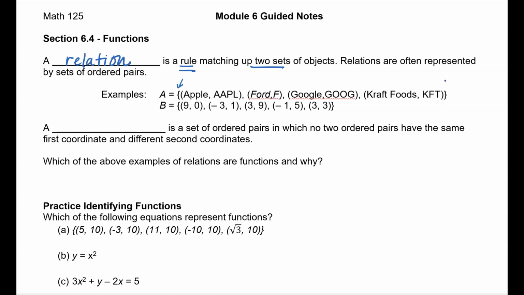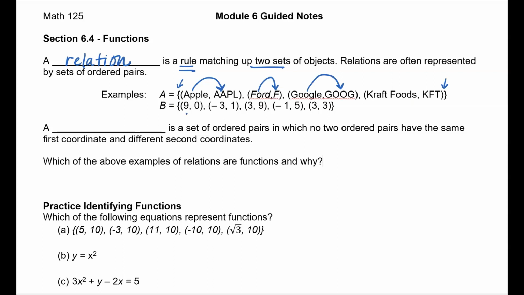So you can see here are some sets. We use curly brackets. This first example, we've got this rule, and it matches the company with its stock abbreviation. So Apple has the abbreviation AAPL if you look at the stock market. Ford, the company Ford, has the abbreviation F. Google, GOOG, and so forth.